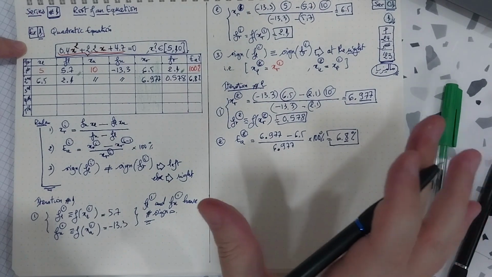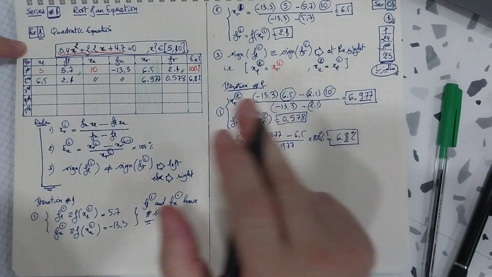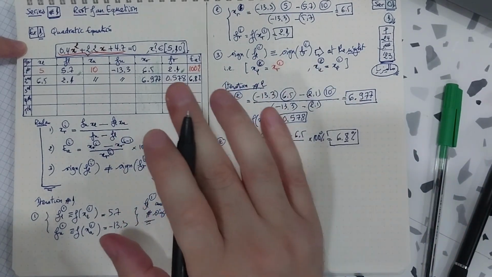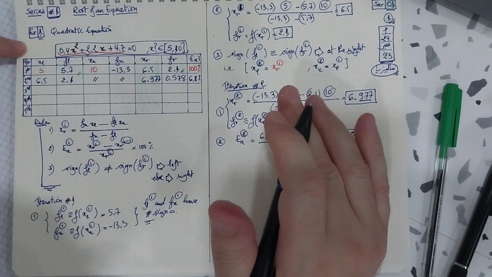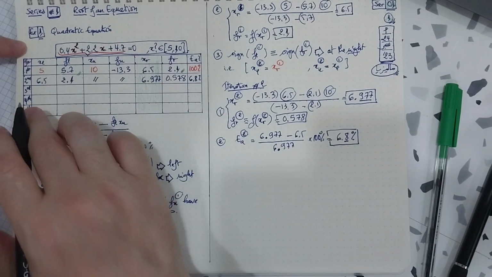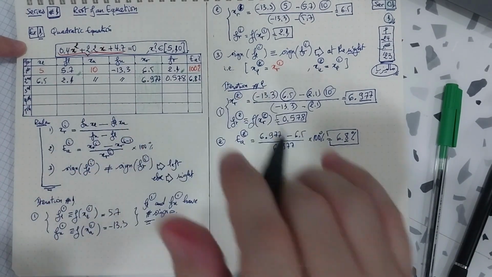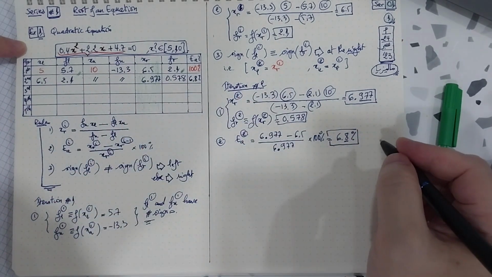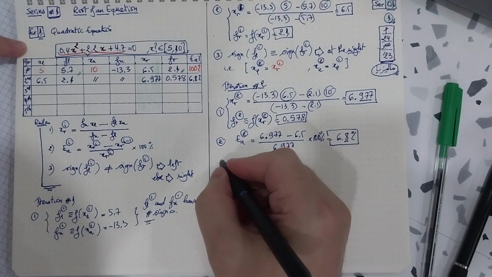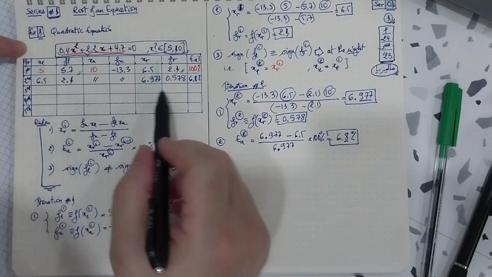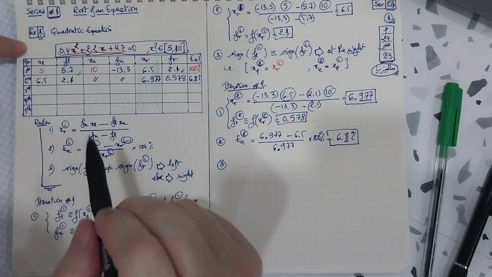The error is still big. As the exercise tells us, we have to stop when the error is less than 1%, or we have reached the fifth iteration. So with 6.8%, we apply the rule of the signs in order to go to the third iteration.